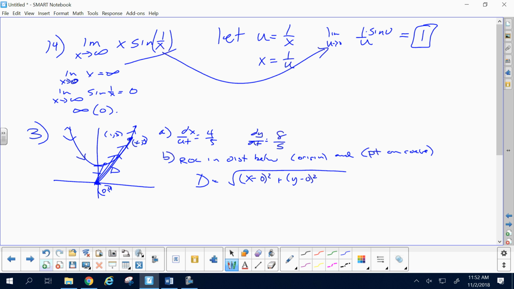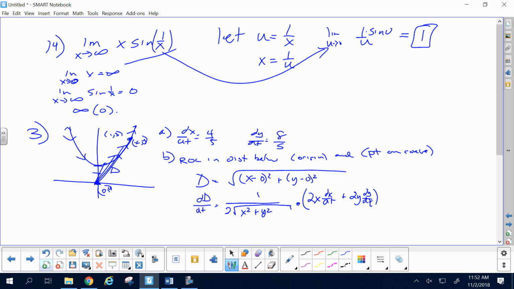After that, you could find the derivative with respect to time. The derivative on the outside would be 1 over 2 root (x squared plus y squared), times the derivative of the inside with respect to time. So I'm feeling 2x dx/dt plus 2y dy/dt.